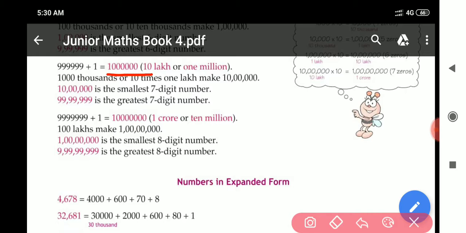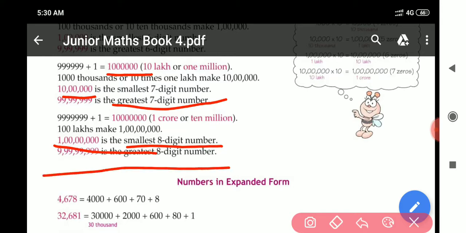This is the smallest 7-digit number and 99,99,999 is the greatest 7-digit number. And after that comes 1 crore or 10 million. 1 crore is the smallest 8-digit number and 9 crore 99 lakh 99,999 is the greatest 8-digit number.